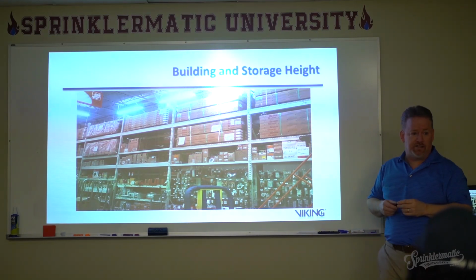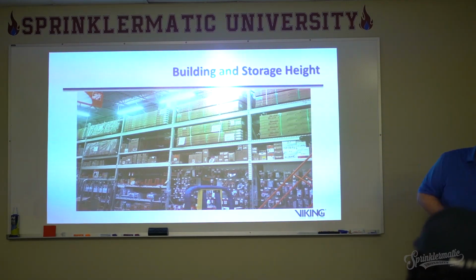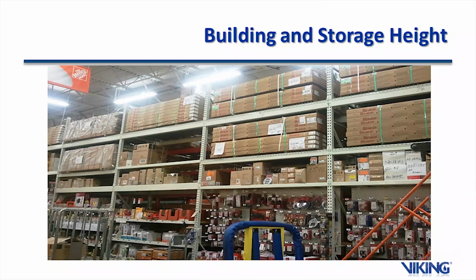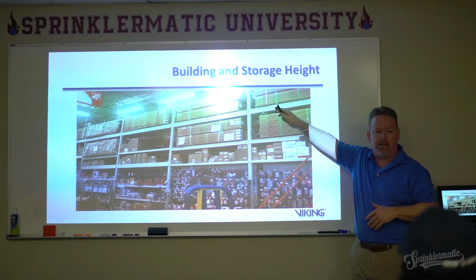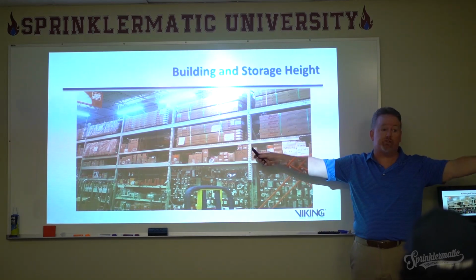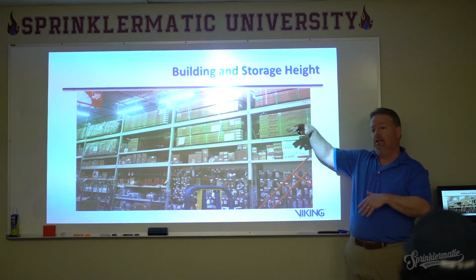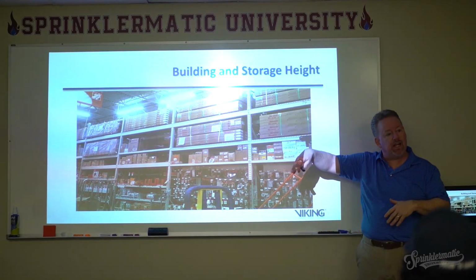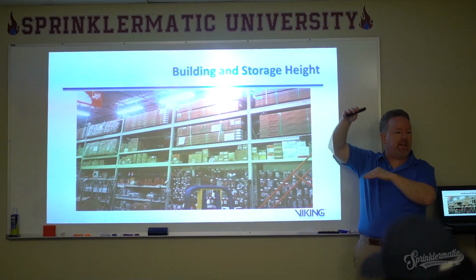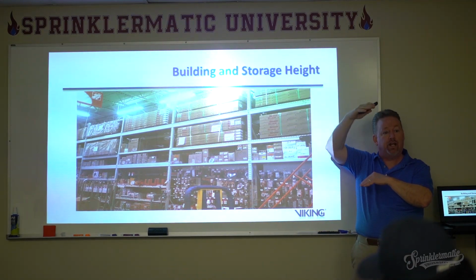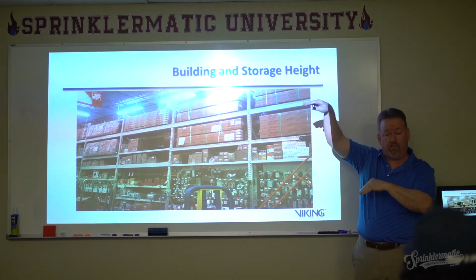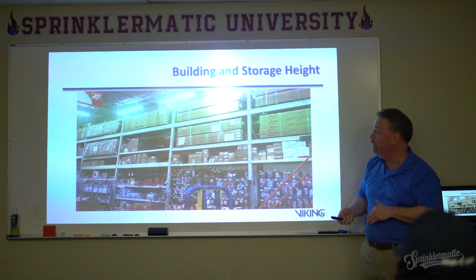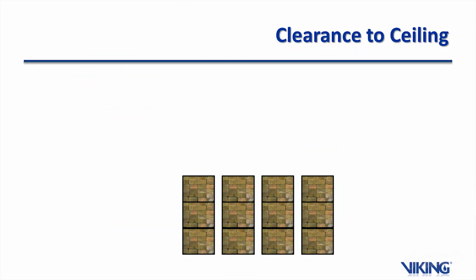Building and storage height is also an issue. This is an interesting issue that works in the reverse way that you would think. Storage height is one thing: the higher you go, the more storage you have. But we also found there is a relationship between the amount of space between the top of the storage and the ceiling sprinklers. Let's take a look at this for a second.